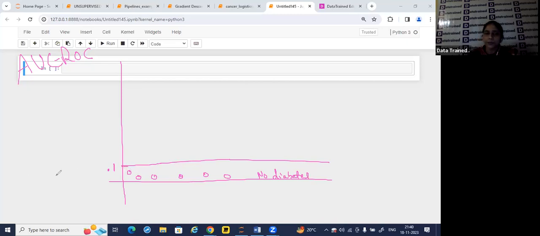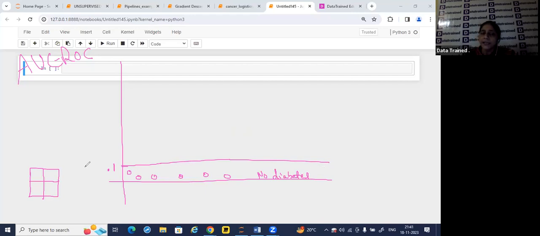So in this case, if I have 100 patient data, and we have to segregate the data into diabetic or non-diabetic, the model will check 0.1 as the threshold value. All the values below 0.1 are considered non-diabetic people.